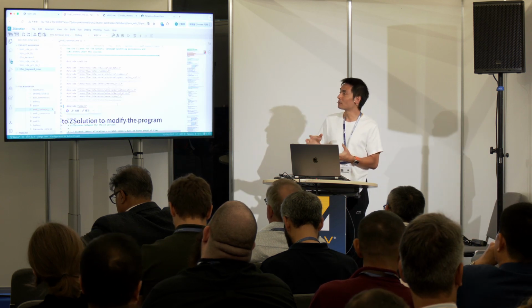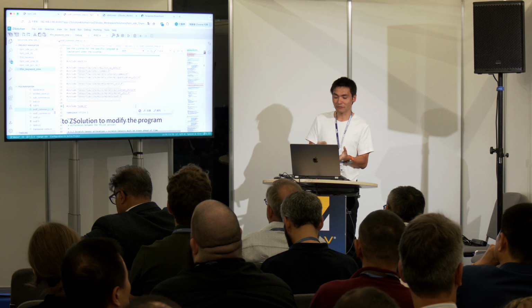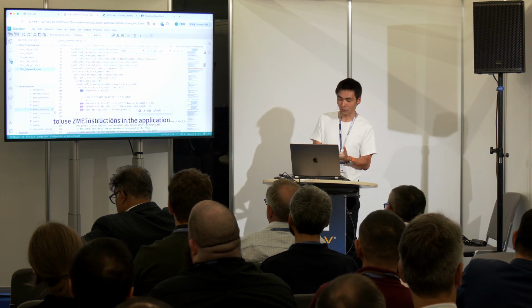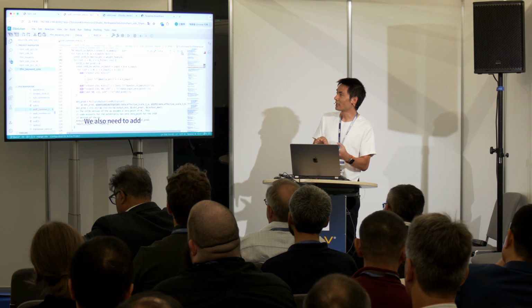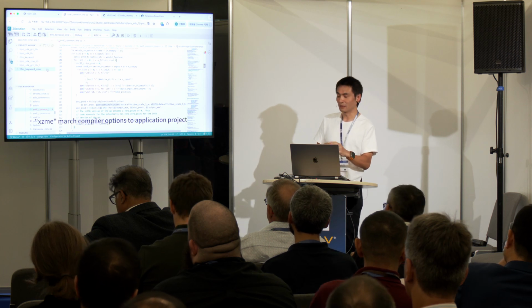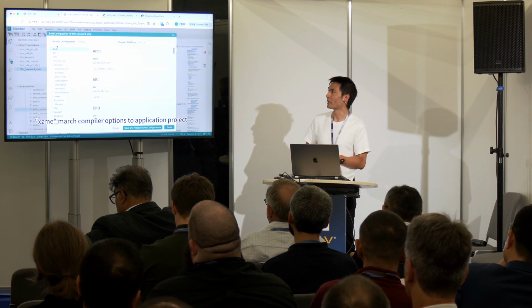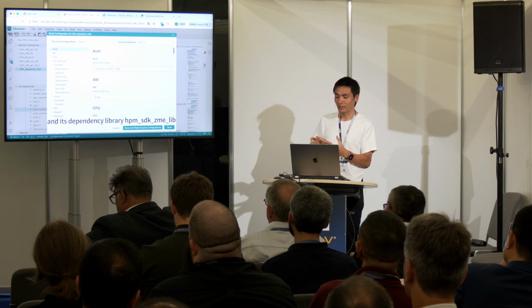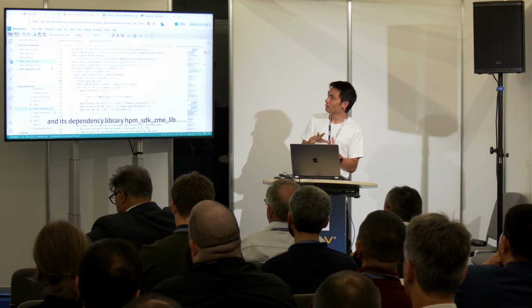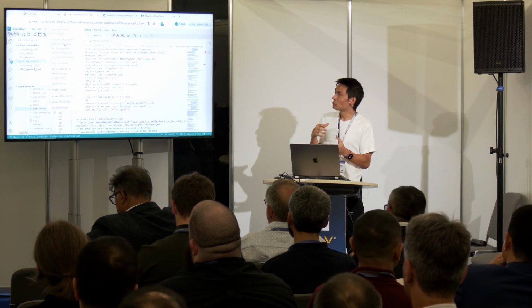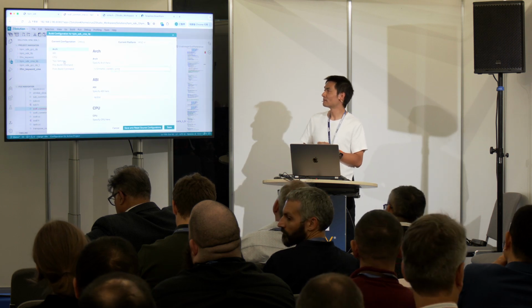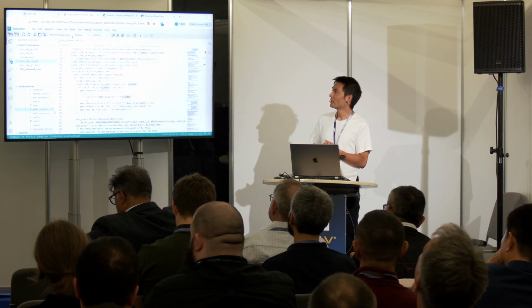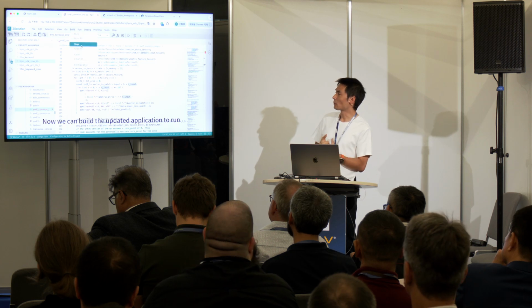Now we are going to modify the application to have the header file included and the inline assembly included. The original code is replaced with the inline assembly. Now we are going to add the extension to our compiler option and rerun the profiling.